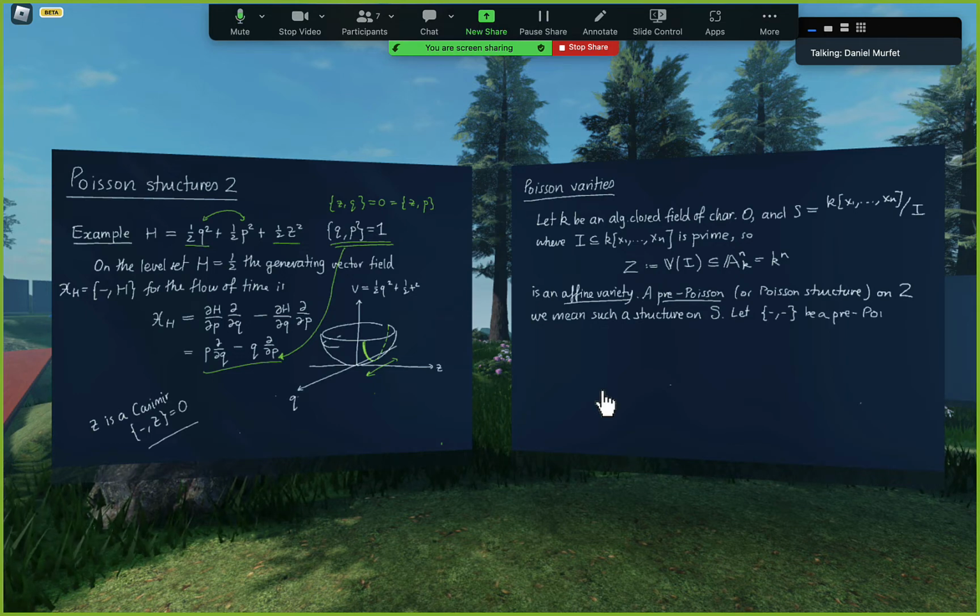We know a fair bit about that because S, while it's not a polynomial ring, is generated by the xi's, or rather their equivalence classes, and therefore we know that the structure is determined by the pairings of those generators.